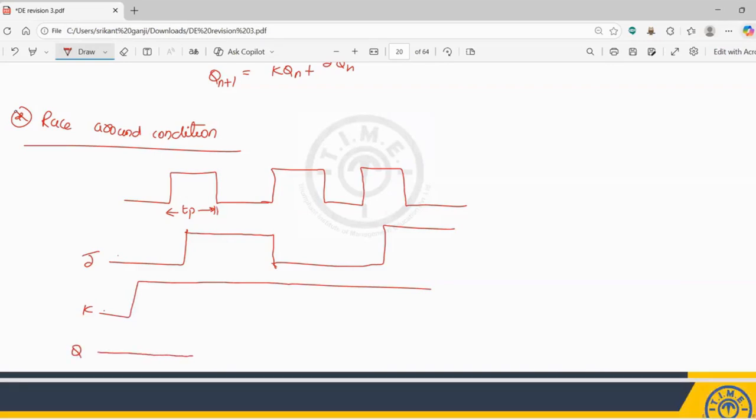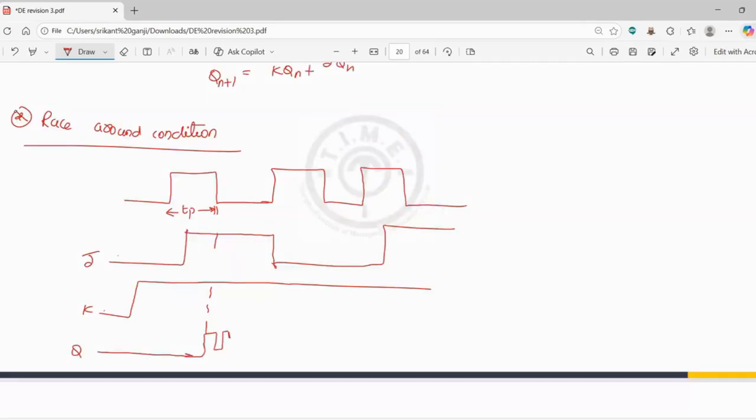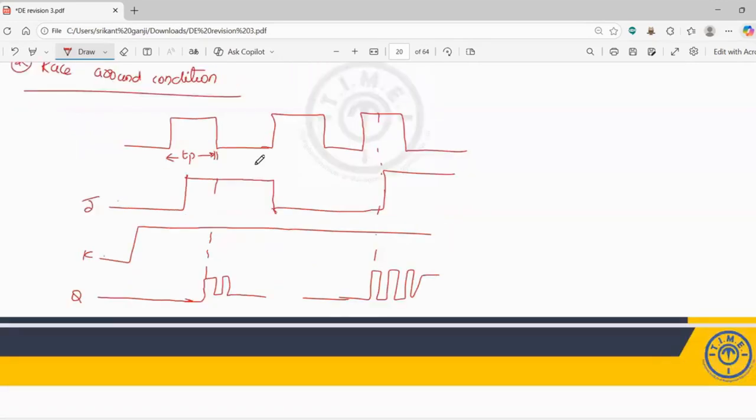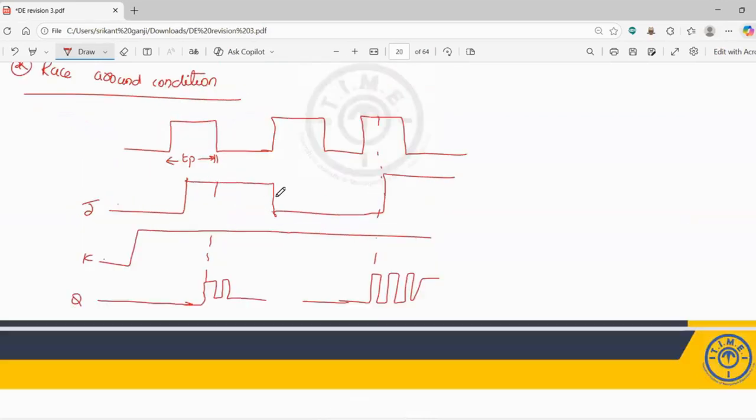Whenever at this position both are 1 and 1, it is toggled like this. Here also, in this position also 1 and 1, so it is toggled like this. This condition is called the race around condition. The width of this one is called delta t.